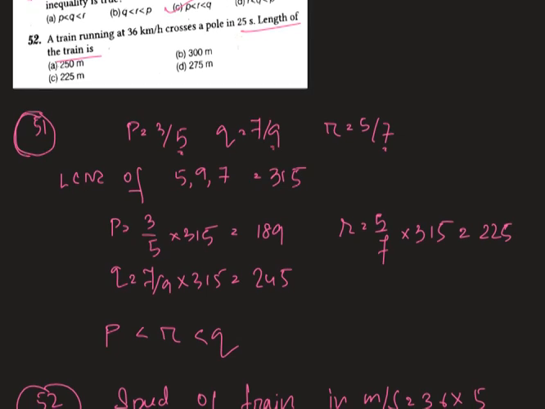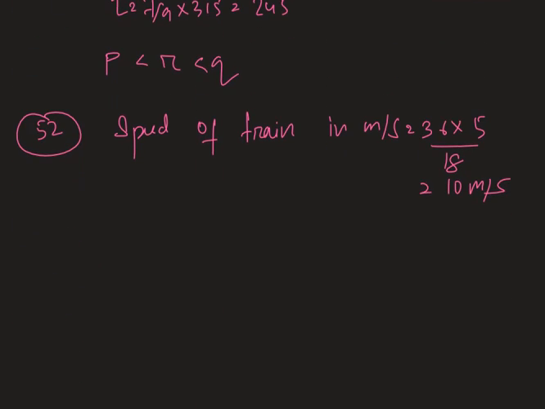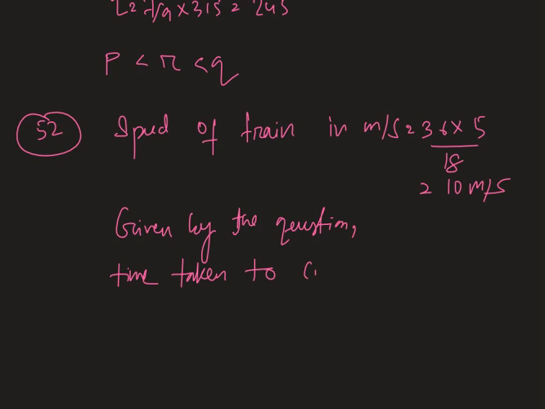Okay, now the time taken to cross the pole is 25 seconds, given by the question.